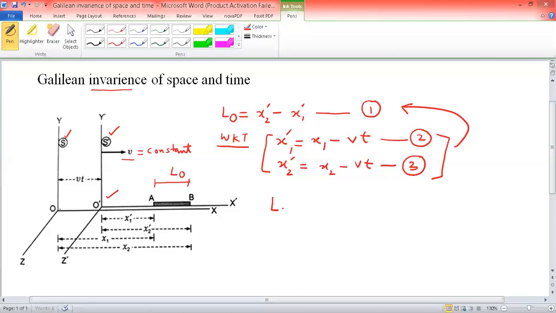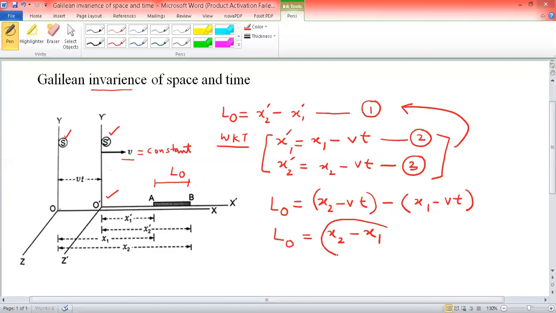So I can write L naught is equal to the value of x2 prime, which is x2 minus Vt, minus the value of x1 prime, which is x1 minus Vt, where Vt is the distance traveled by the frame S prime in time t. When we solve it, L naught becomes equal to x2 minus x1, because Vt will cancel out.